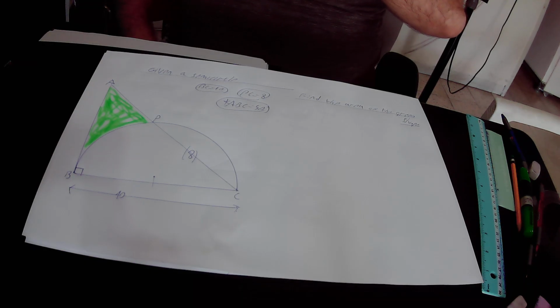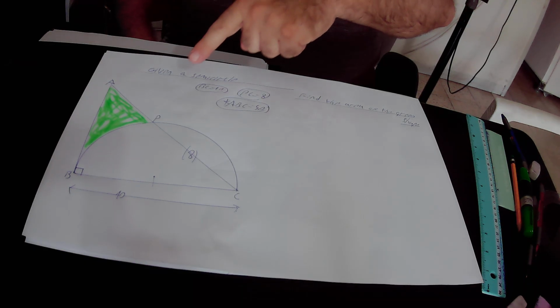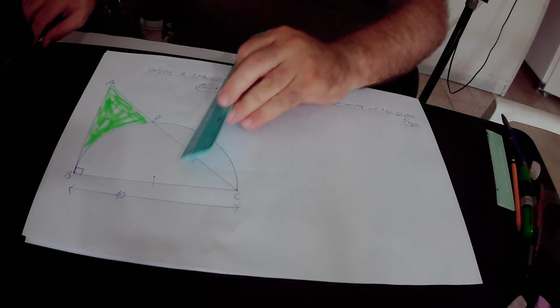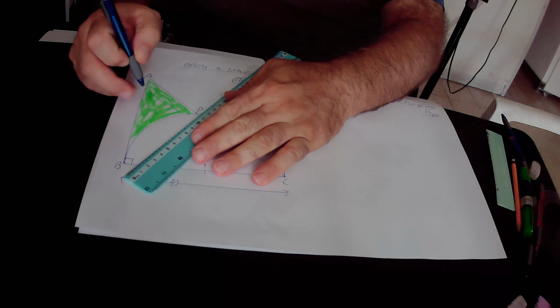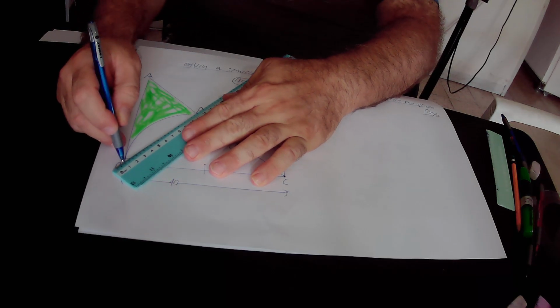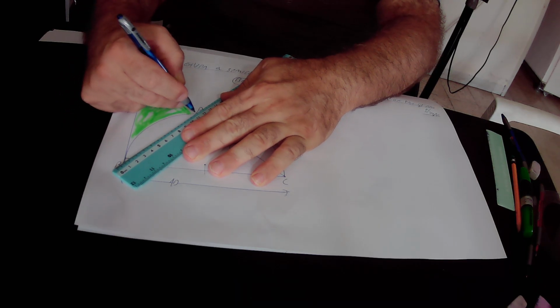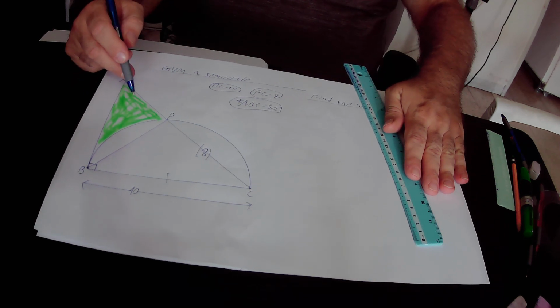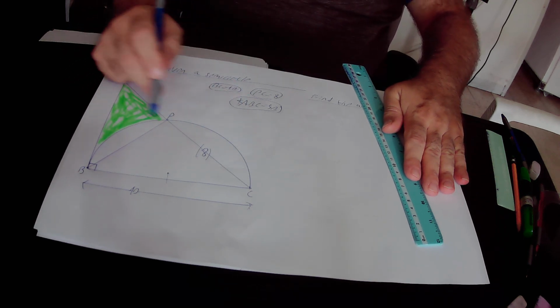So, first of all, we'll join points P and B together by a straight line. By joining points P and B, we created peripheral angle BPC.